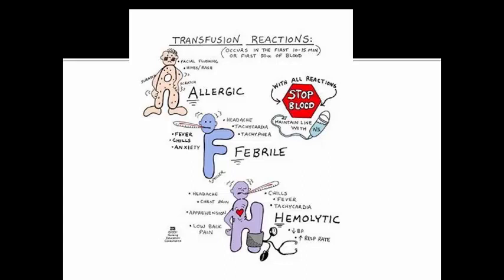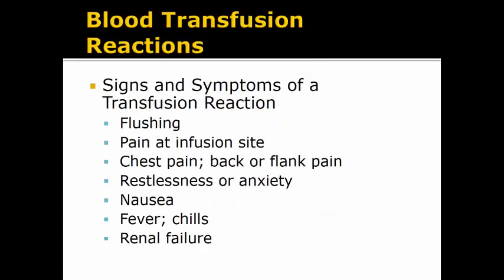And then the worst one, the hemolytic, they'll have all of the same as the febrile, plus they'll have some back pain, and then the blood pressure will start to drop, and what's happening is their blood cells are breaking down. All right, with all of these reactions, we are going to stop the blood products. We're going to maintain a line with normal saline, and if it's an allergic reaction type, we're going to treat similarly to an allergic reaction.